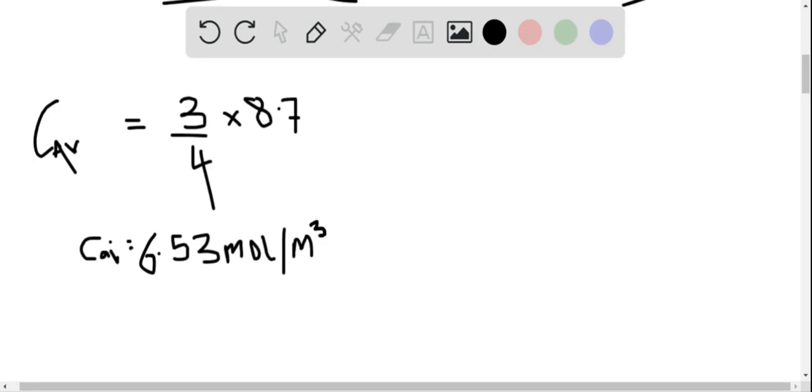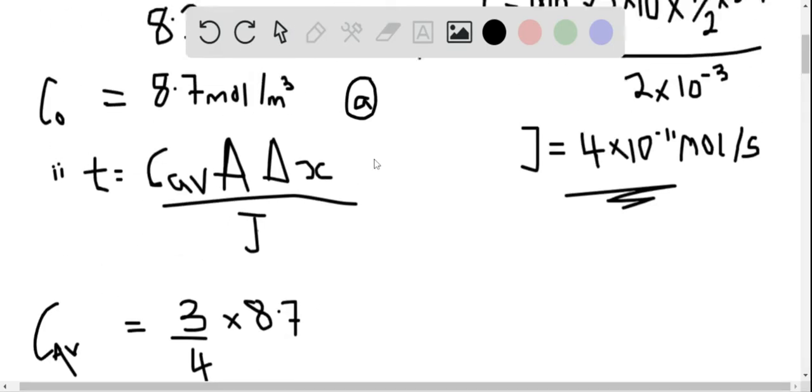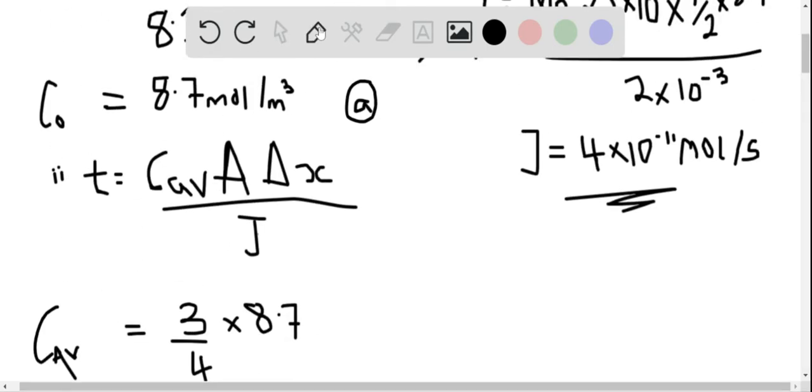So this has given us the average concentration, and then we can go on to find the amount of time for a molecule to diffuse using our third equation.